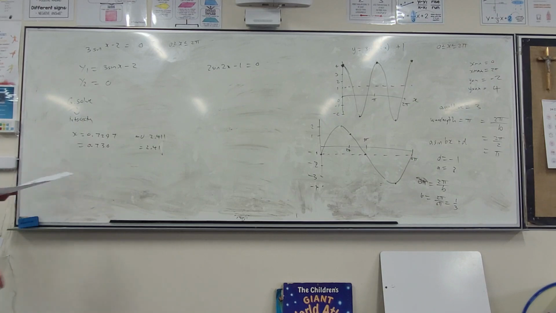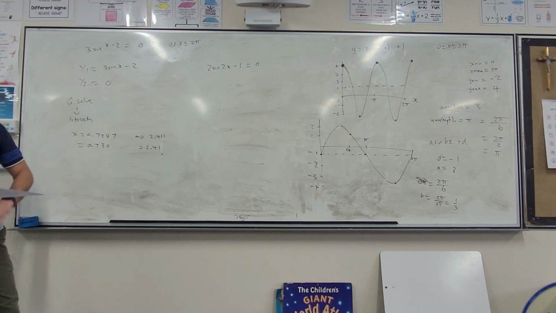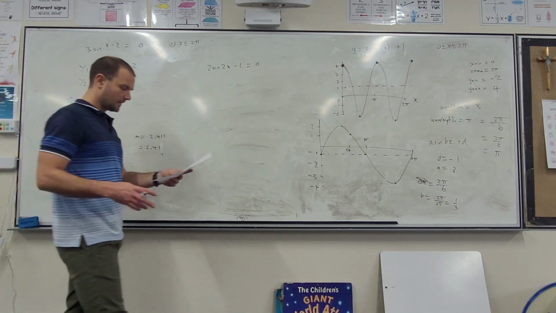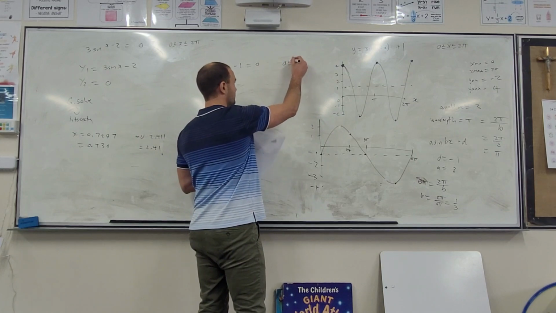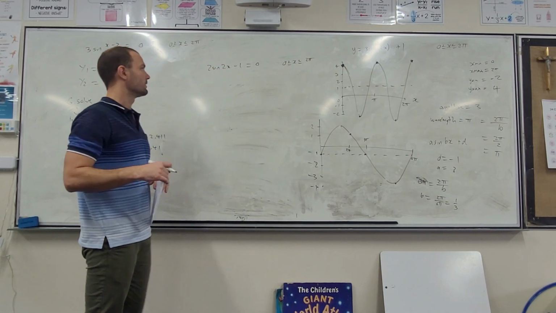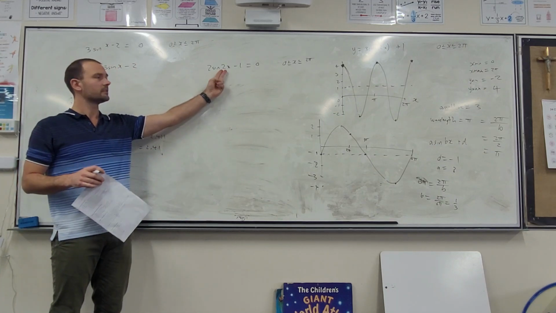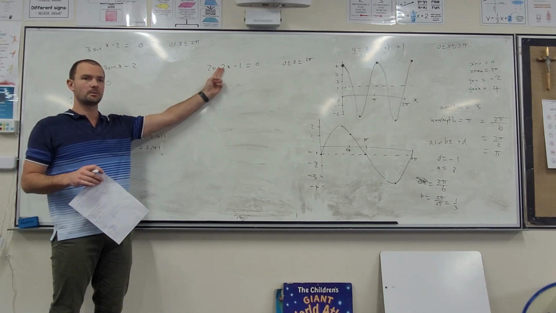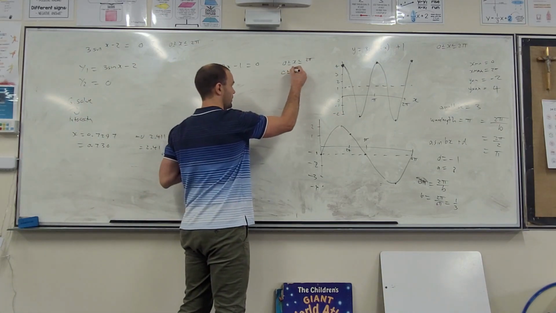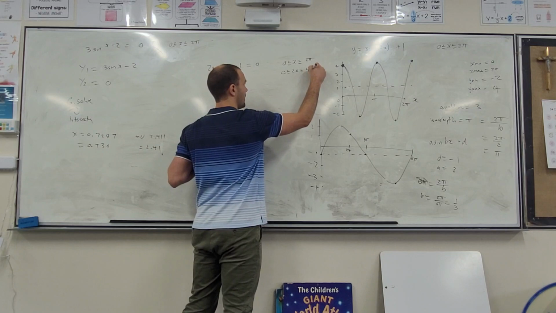That's 7E.2. And then lastly, we'll move on to 7E.3, which is where we solve trig equations using algebra and back to the unit circle. We've got to solve this over this domain. The first thing to do is to consider this coefficient. We have to multiply the domain by that coefficient, so this becomes from 0 to 4 pi.